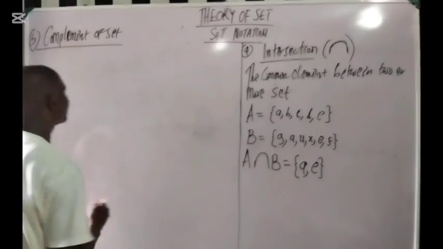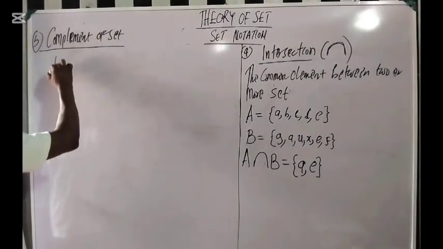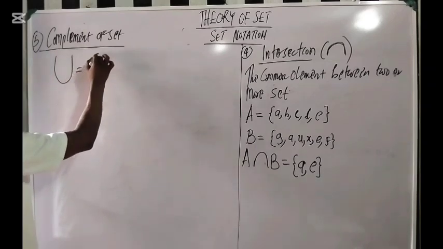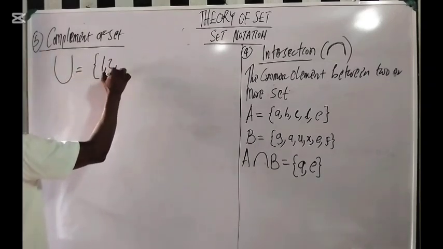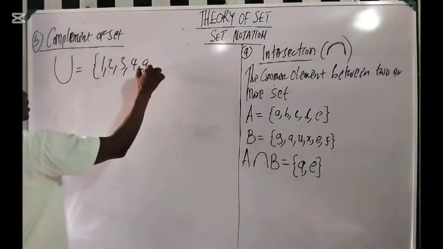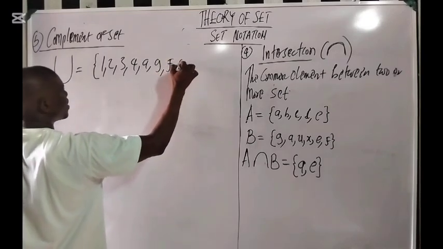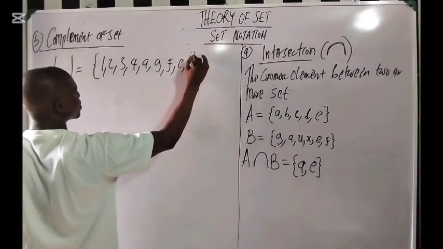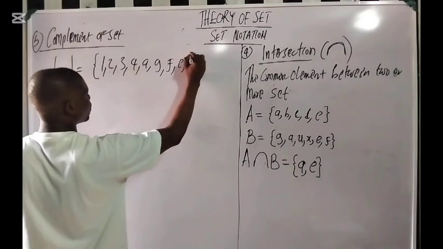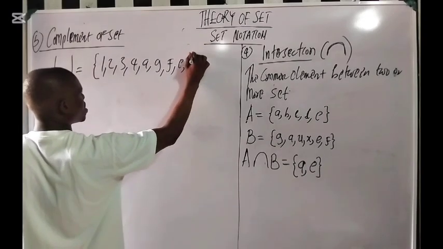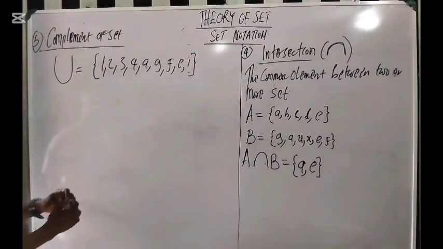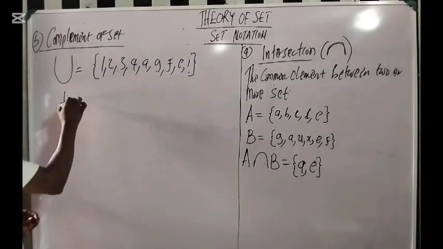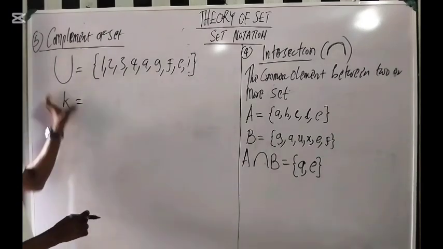For example, let's say we have a universal set here, right? The universal set has 1, 2, 3, 4, A, G, F, E, and I. Then we now have K. Now let's say K is a subset, right?